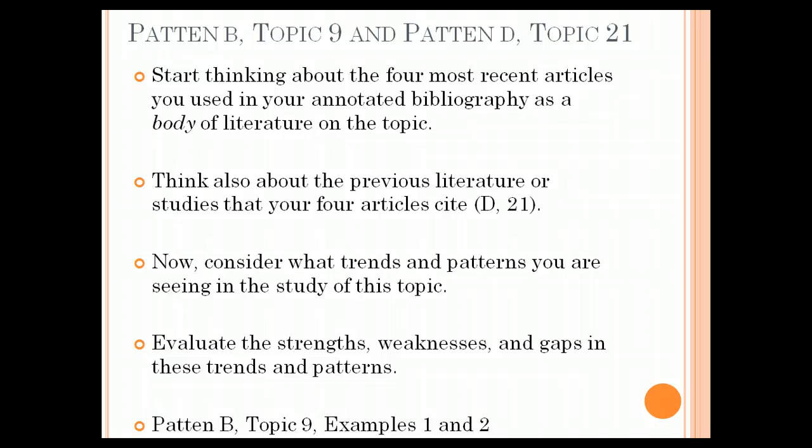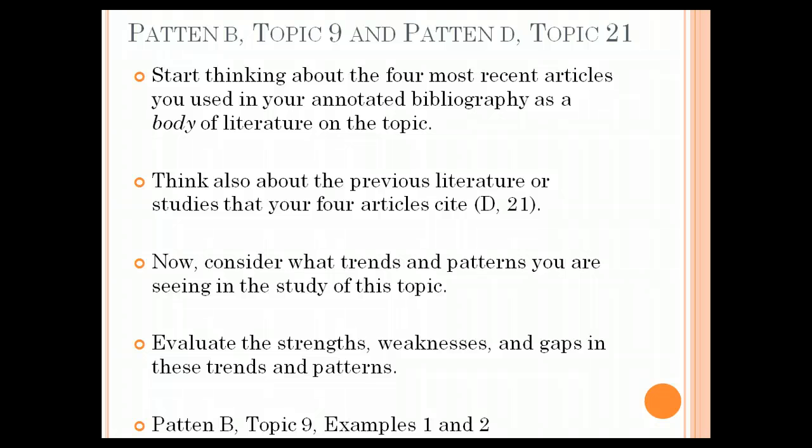Now, considering that entire body of scholarship, think about the trends and patterns you are seeing in the study of this topic. Maybe there are certain findings that come up over and over again. More importantly, maybe there are certain methods that are being used to study this topic over and over again. Maybe certain keywords or concepts.